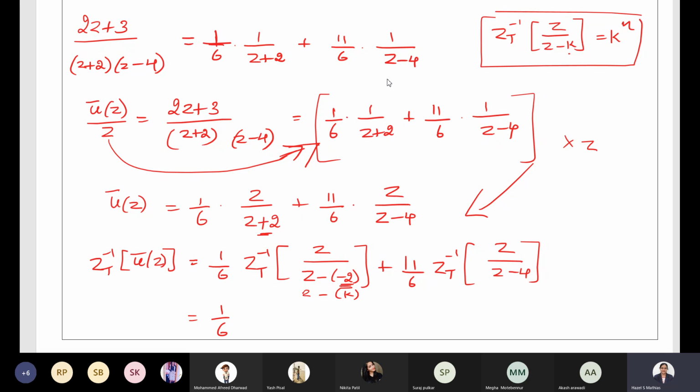So Z plus 2 can be written as Z minus of minus 2. So K is minus 2 and it is K power n. So it will be minus 2 power n. Similarly, here 11 by 6 into inverse Z transform of Z by Z minus K. It is already in the form where K is 4. So it will be 4 power n.